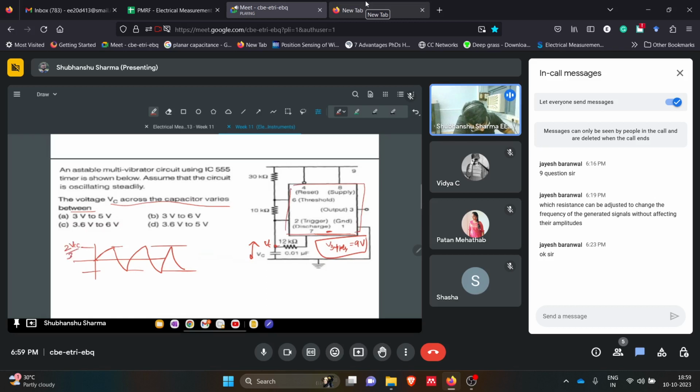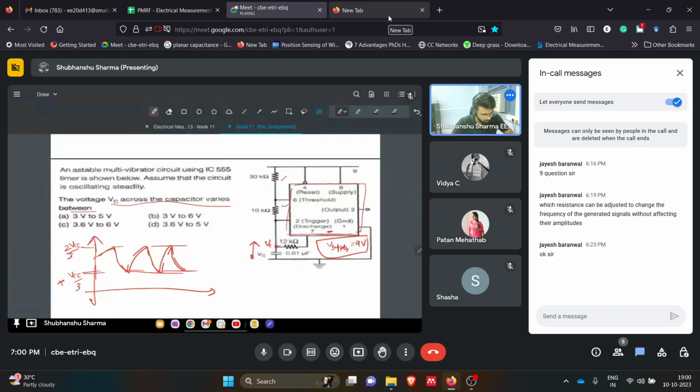That is 2 VCC by 3, and VCC by 3. Let me check what the limit was. So yes, this is 2 VCC by 3 and VCC by 3.